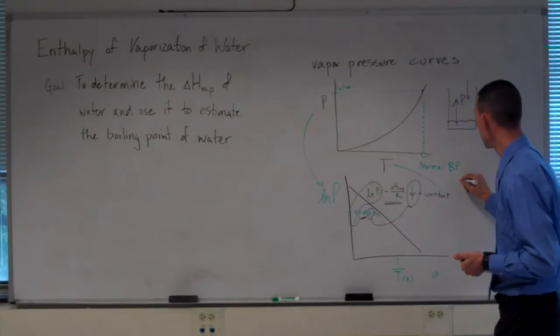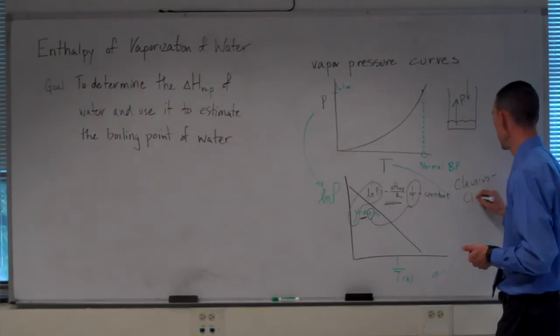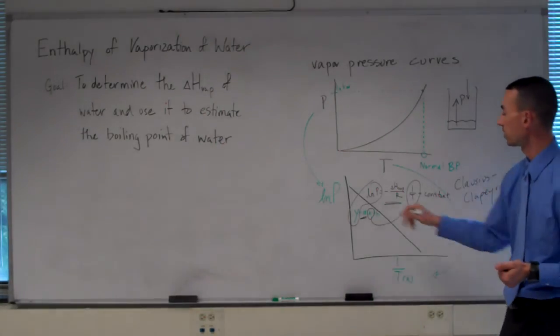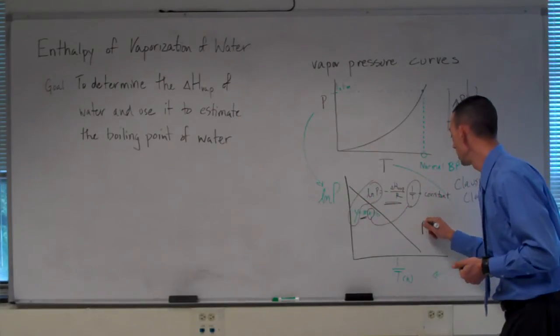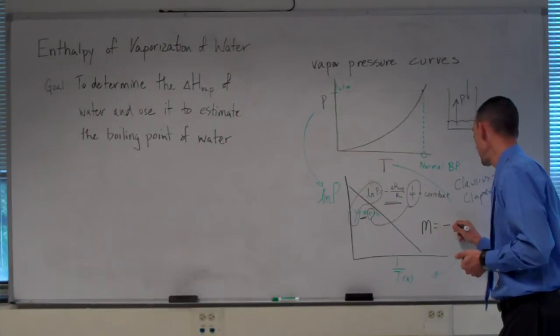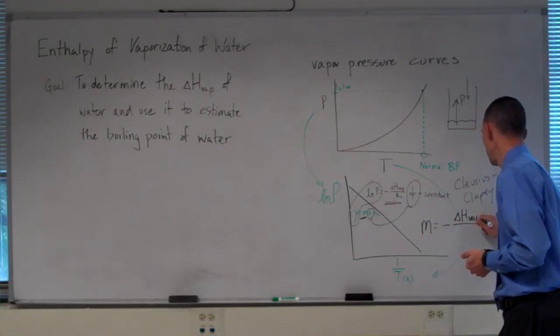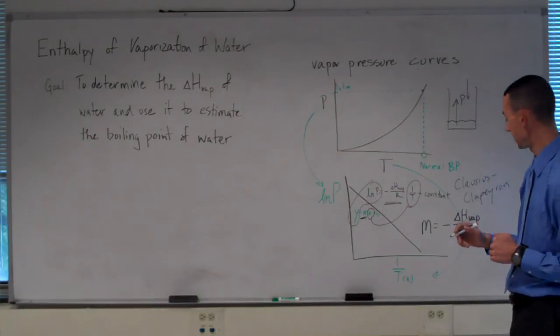It was Clausius and Clapeyron who first quantified this relationship. So this is now called the Clausius-Clapeyron equation: the slope is equal to the negative of the enthalpy of vaporization divided by R, the universal gas constant.